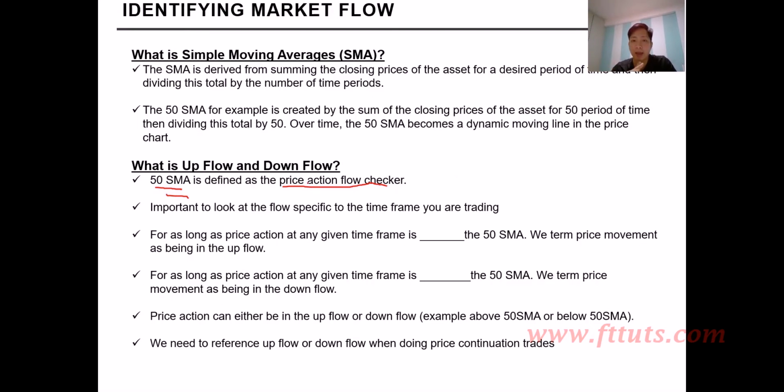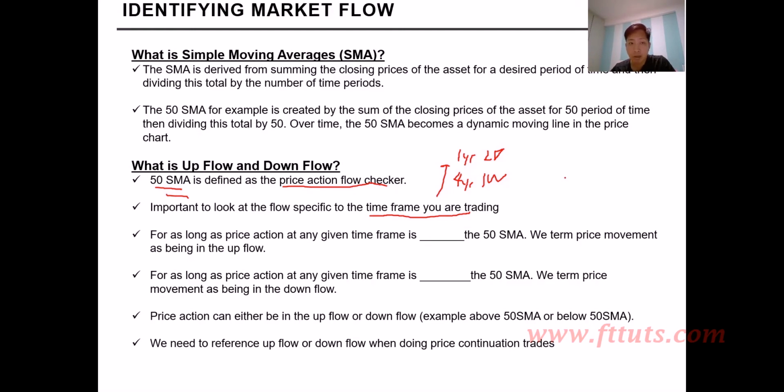It can be used for any time frame, specific to the time frame you are trading. So if you are trading the 1 hour or 2 day time frame, or the 4 hour or 1 week time frame, it is specific to the time frame you're looking at. Understand? If you're looking for the flow in the week chart, you look at the week chart. If you're looking at flow on the 2 day chart, you look at the 2 day chart.